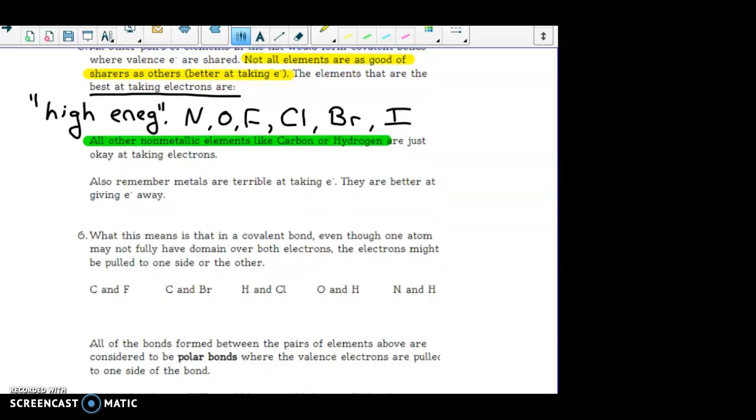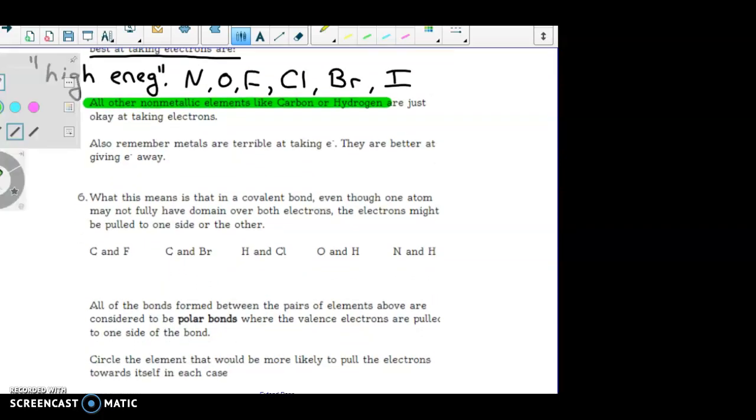So we have over here 5 pairs of atoms, and all of these are considered to form a polar bond, or a polar covalent bond. So take a moment, read over the definition that is here, and then try to circle the element that is most likely to pull the electrons towards itself. And this is what's going to be the higher electronegativity. So pause the video for a sec and see what you get.